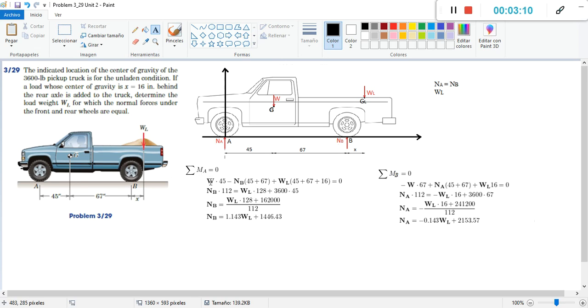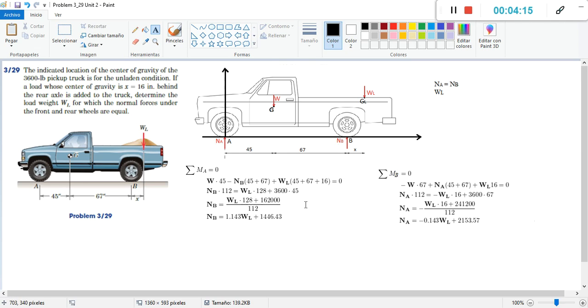That's to calculate the normal force in B. So we can make an equation for the normal force in B. First I wrote the weight W times the distance between the wheel A and W. Then minus the normal force in B times the distance between A and B, which is 45 inches plus 67 inches, plus the weight of the load times the distance between A and the weight of the load, which is 45, 67, and 16 inches. All of that is equal to zero.